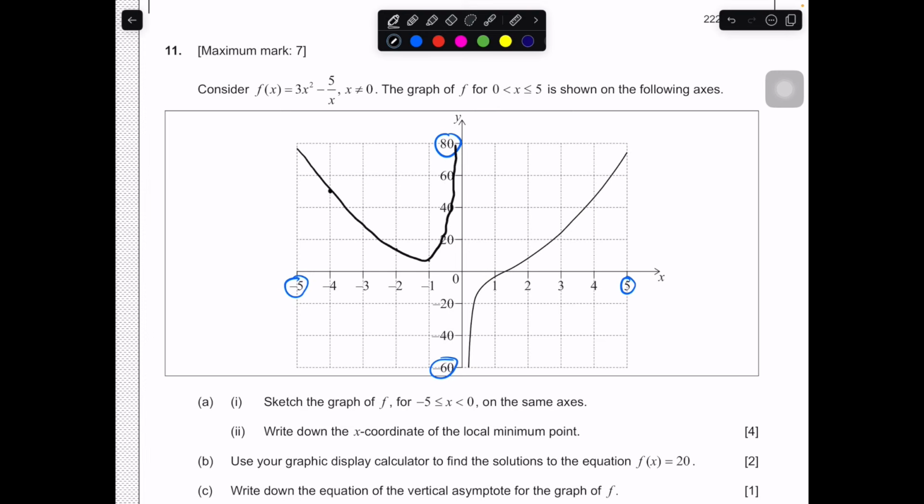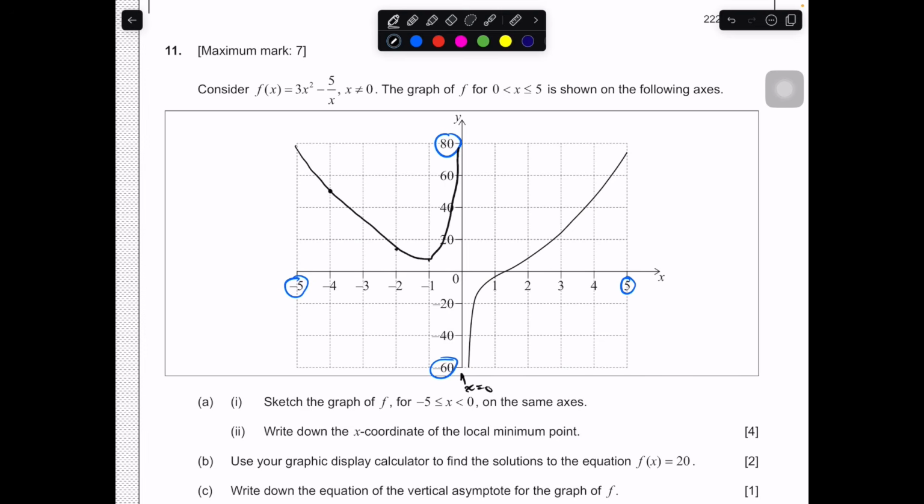On the mark scheme it actually does say that it should be a smooth curve, so not broken lines, but something like this. So not broken lines, and then of course with this vertical asymptote of x equal to 0.